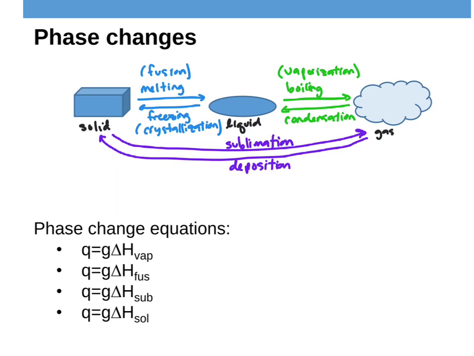Now, as we go through these different phase changes, as you go from solid to liquid to gas, if you go in this direction, you always are going to require heat. Your Q is always positive. It requires energy, right?